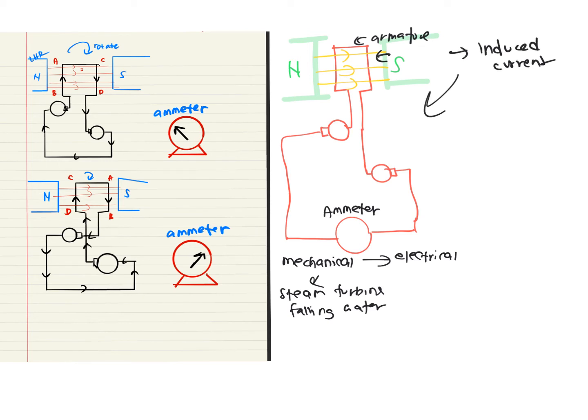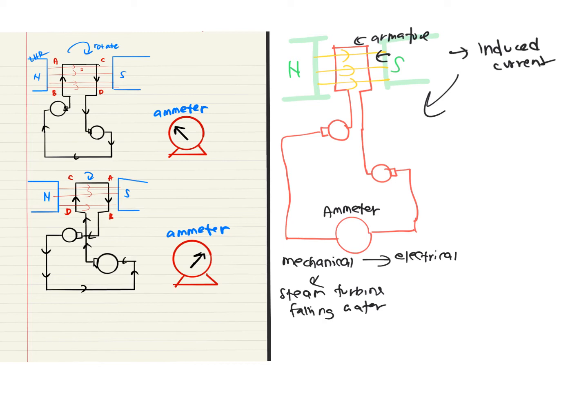For the induced current, you can actually use the right hand rule, but you need to change it. Before this we used FIB with the right hand, right?